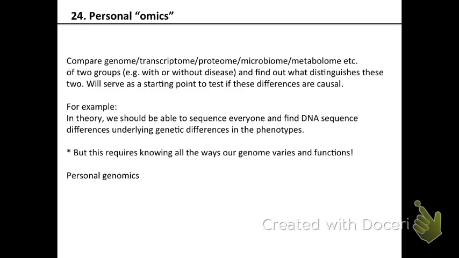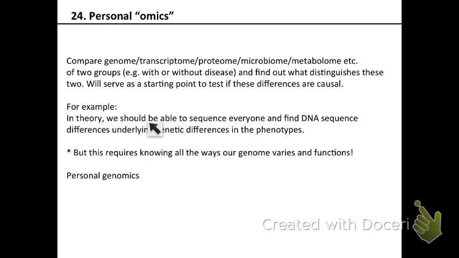So in principle, in theory, I should be able to compare the genome, etc., of two groups, for example with or without disease, and find out what distinguishes these two groups. That can serve as a starting point to test if these differences are causal. This would provide correlation, what distinguishes it, and then you can use that to see if it's actually causing the disease or not.